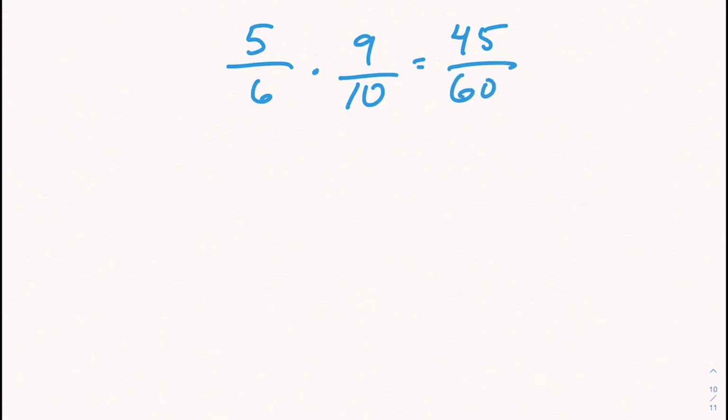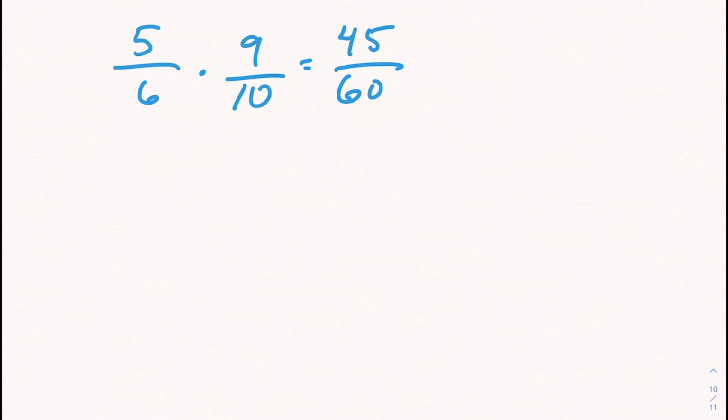Okay, we're going to talk a little bit about cross-canceling. Let's say we have a fraction like 5/6 times 9/10. So this isn't too bad. If you wanted to multiply across, you would get 45 over 60, but that's not simplified, right? So I need that to be simplified.